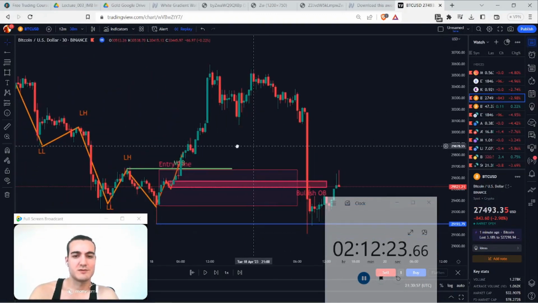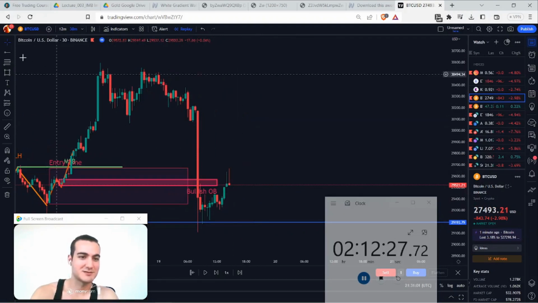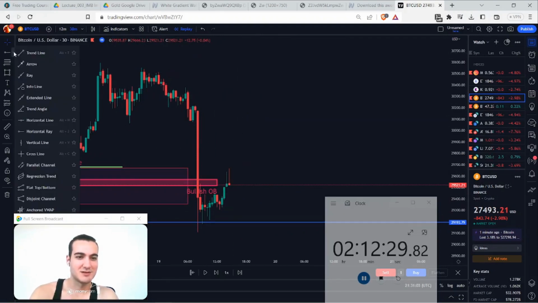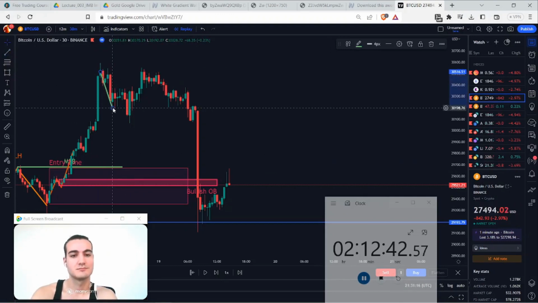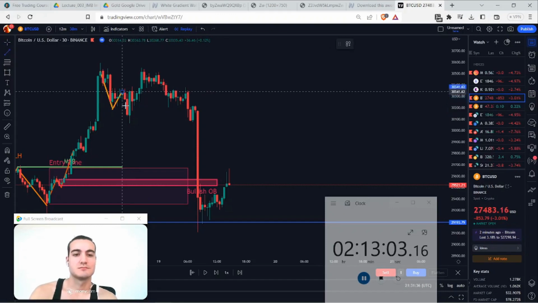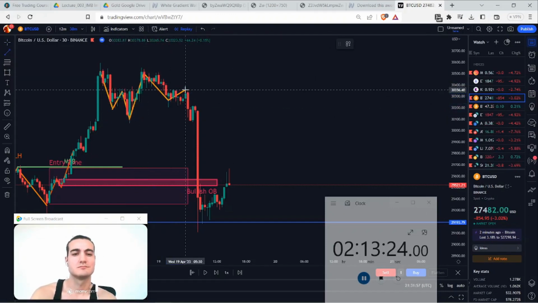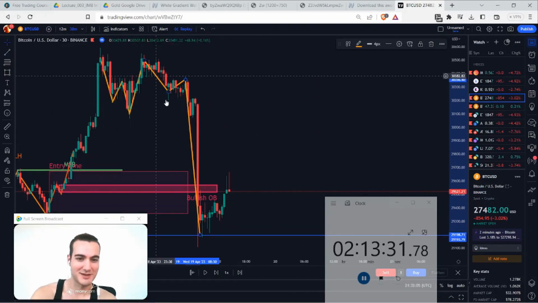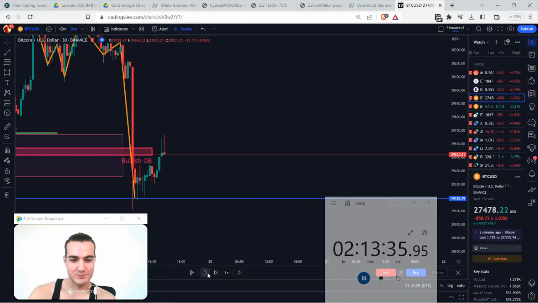Actually, we start to view this as the area of interest. Let's draw some trend lines. I can't make any sense of that. Oh, I'll just forget about it for now.